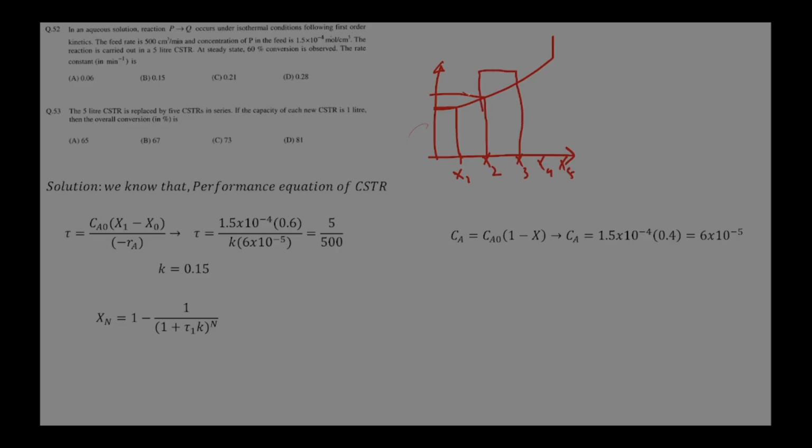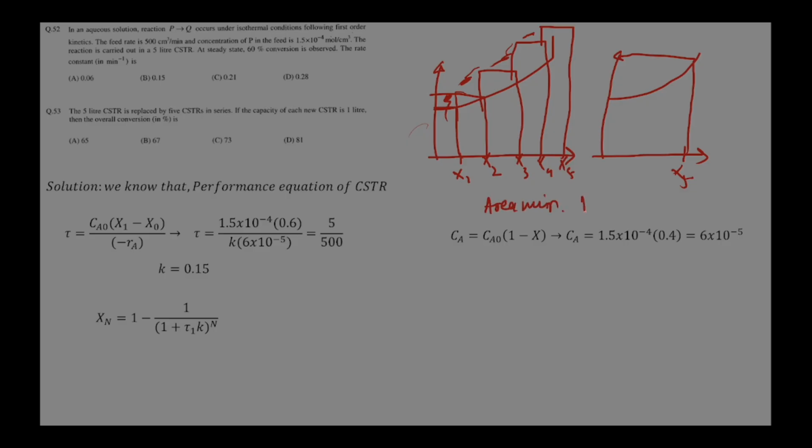And if I have one CSTR up to X5, of 5 liter, see, this area is not coming. So the minimum area means the best reactor. Minimum area, best reactor. Okay, so this is not good, this is good.